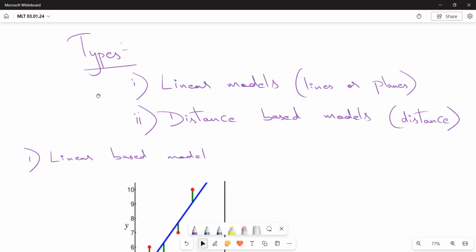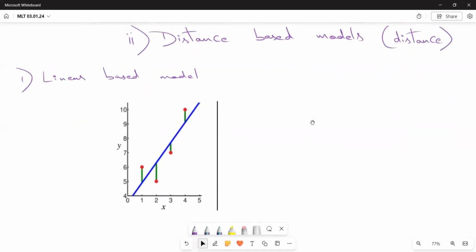The geometric concepts like lines or planes are used to segment or classify the instance space. These are called linear models. So what is a linear-based model used for? It is used for either segmenting or classifying.